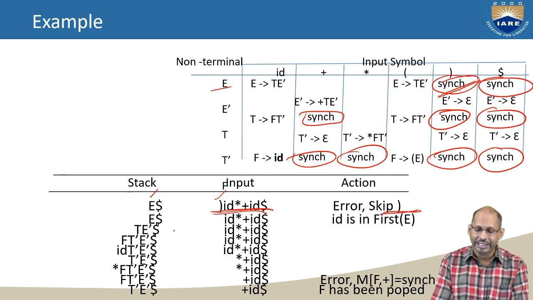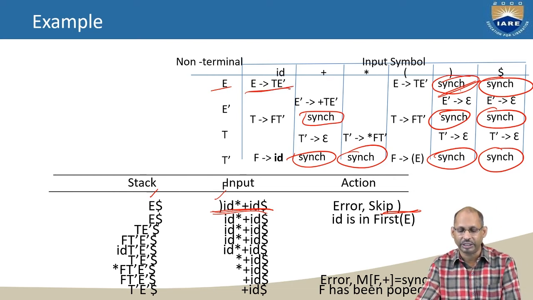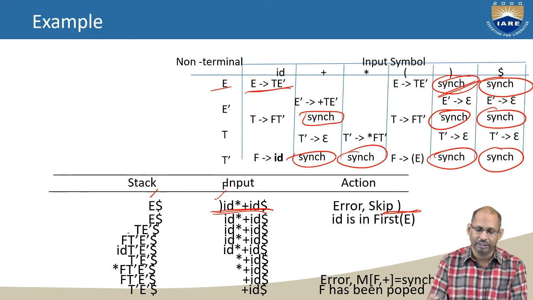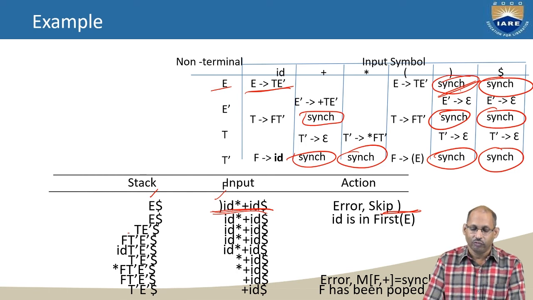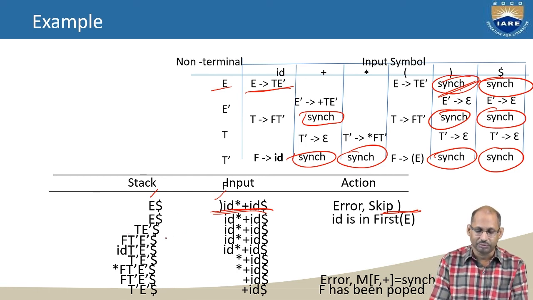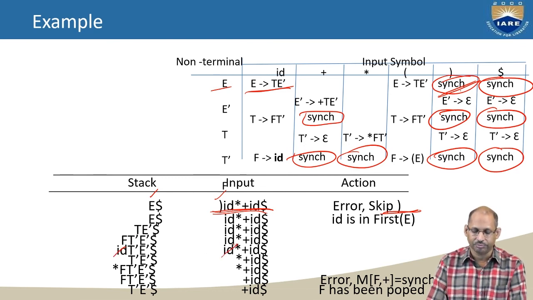Then E and ID, we have E gives T dash. We will continue these steps later with F T dash, then ID, then we remove ID.